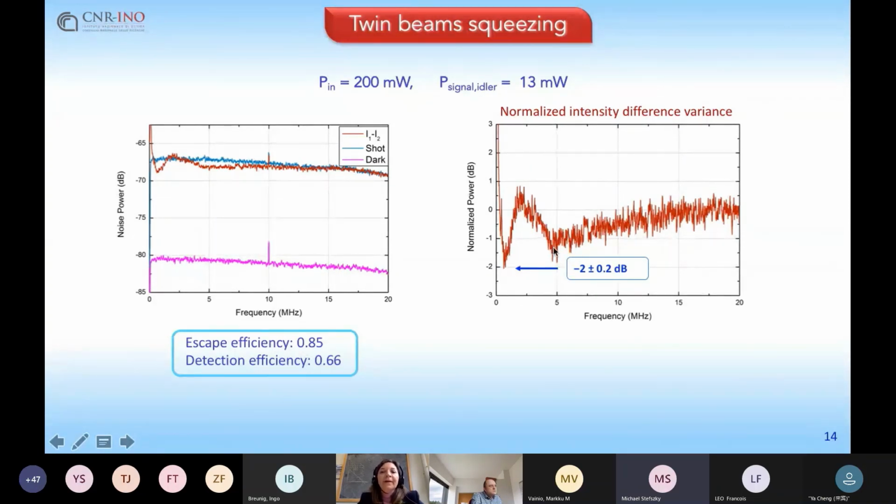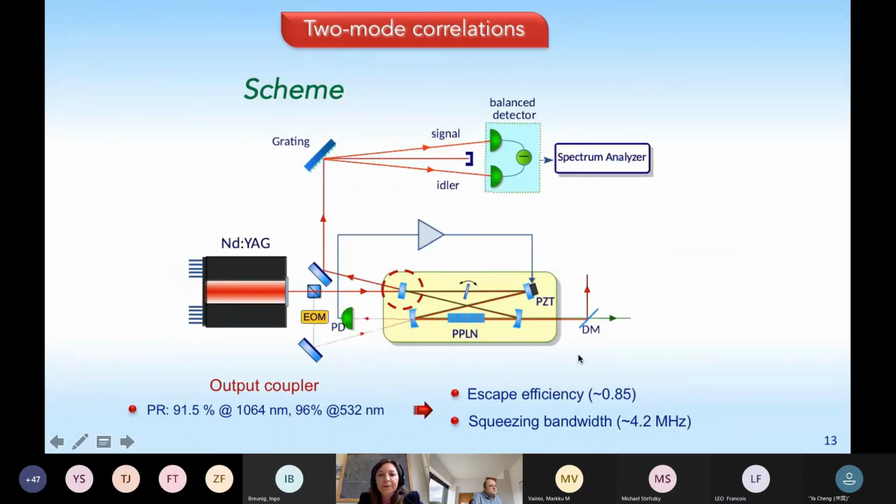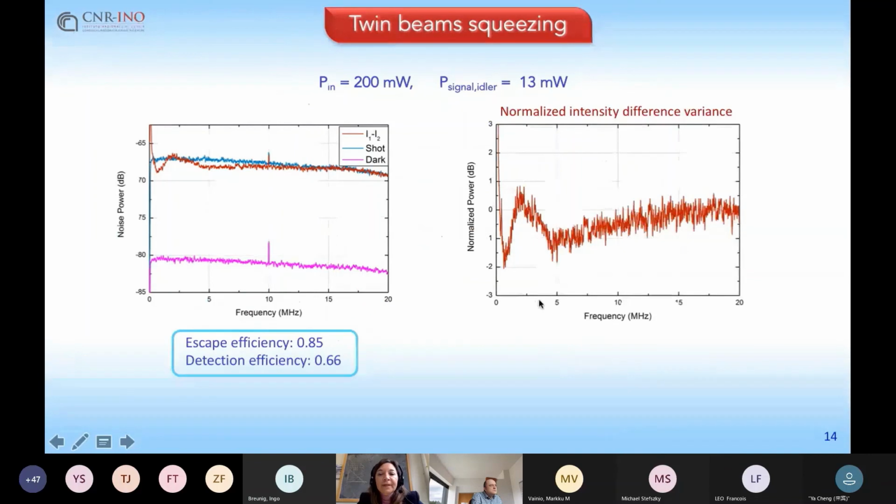Yes, right. We are still investigating this aspect because, in principle, we are using a cavity, as we have shown here, in which we have a squeezing bandwidth of around 4 megahertz. So it's not strange that squeezing can also exceed the cavity bandwidth a bit.